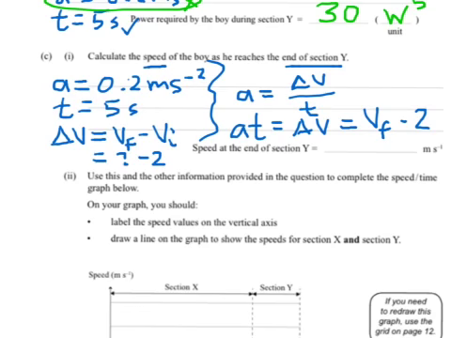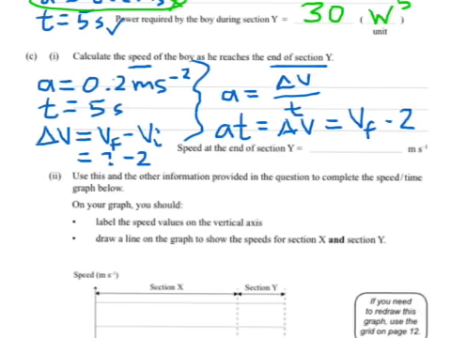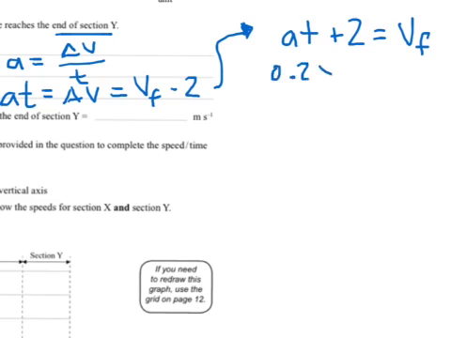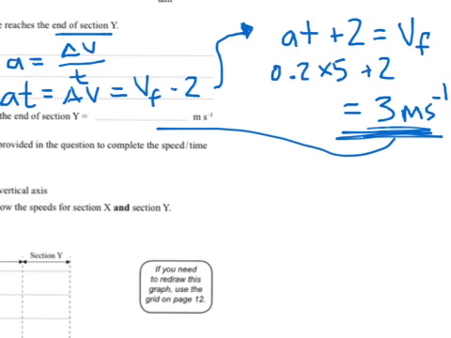So we can rearrange this one step further to say at plus 2 equals Vf. A was 0.2, t was 5, plus 2 equals Vf, so 0.2 times 5 is 1, plus 2 is 3 meters per second. There we go, so that's our answer, which you would write in there.